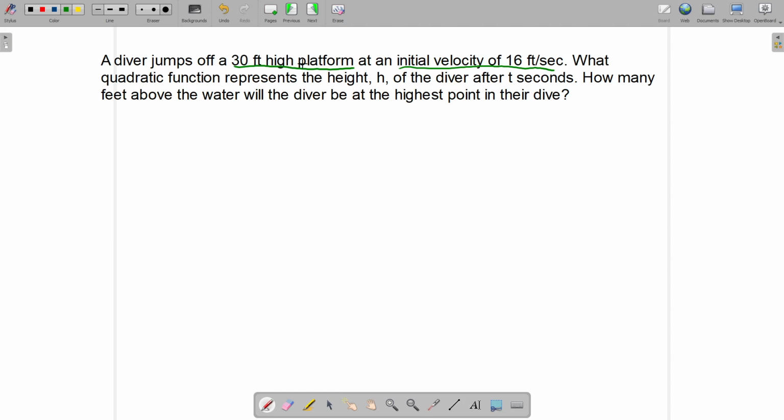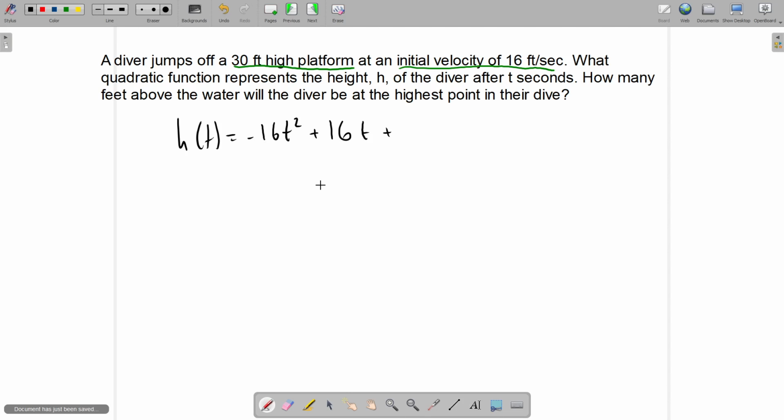I think it's beneficial to underline key features of the problem and annotate the question so that we can pull that relevant information out when we make the vertical motion model. So our vertical motion model is negative 16t squared plus some initial velocity times t plus some initial height. The initial velocity in this question is 16 feet per second. The diver is jumping up, which is why this is a positive 16.